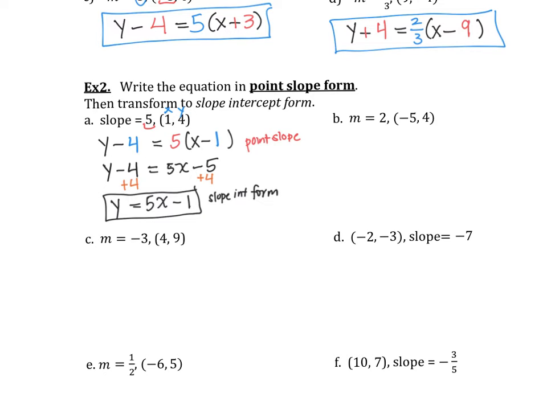We're going to do the same thing with these other ones. Just start off by plugging in. Y minus, so it's going to be x plus 5 because the negatives cancel.